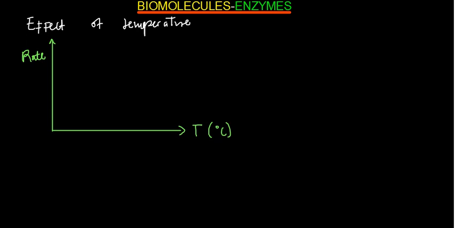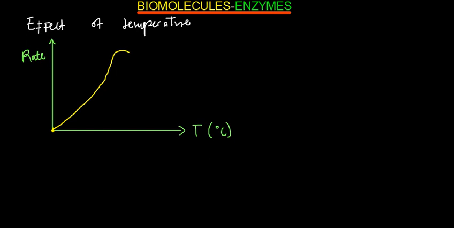So for an enzyme catalyzed reaction, when the temperature is 0, it means that the enzymes are inactive. Remember, enzymes are proteins, so at low temperature, they are inactive. As the temperature increases, the reaction becomes faster and faster until you reach a certain point when the reaction is moving at its maximum speed.